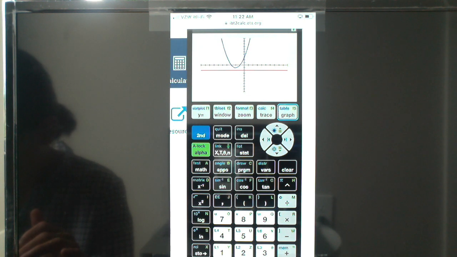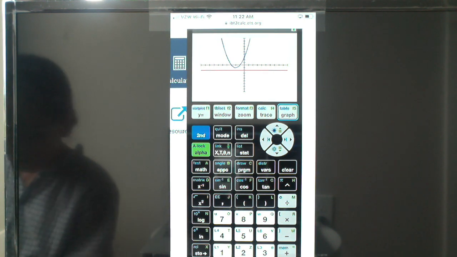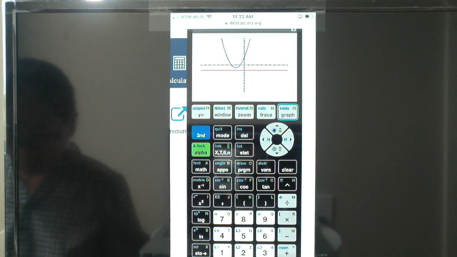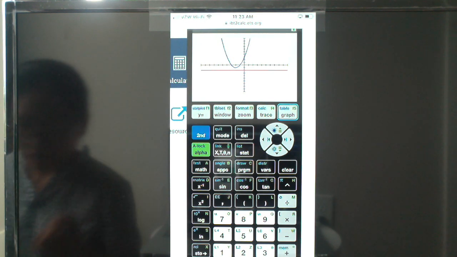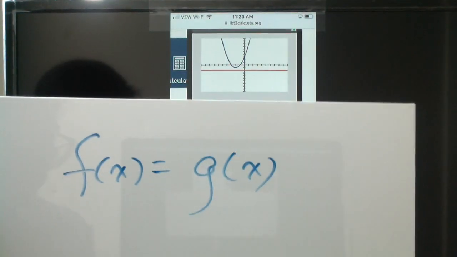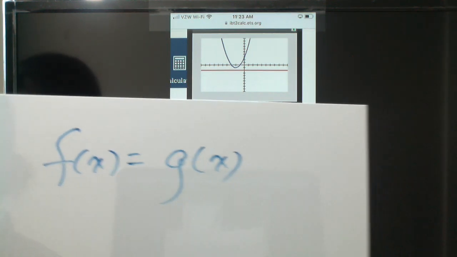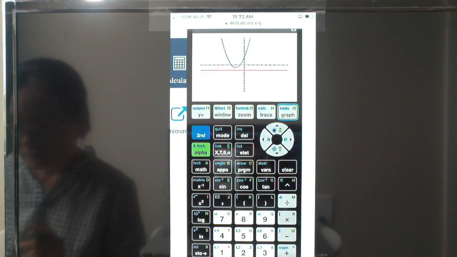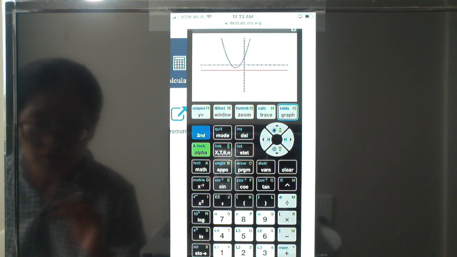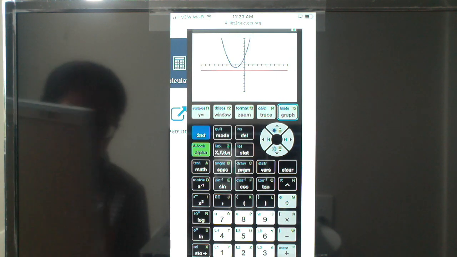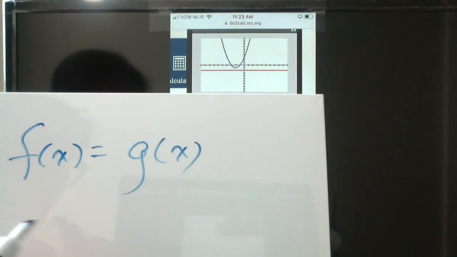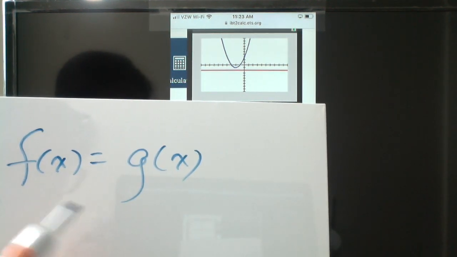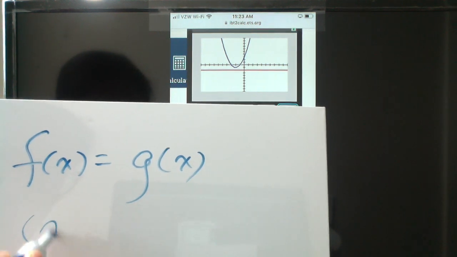Number 15. So here, please read the question again and let's think about what fx is equal to gx. What does it mean? So I think it's same as we have done in 14. Fx function and gx function, they are same. It means they are meeting some point and they're sharing x and y.